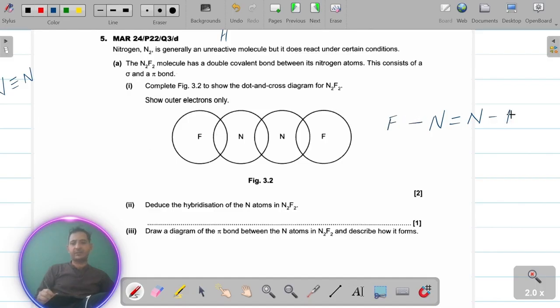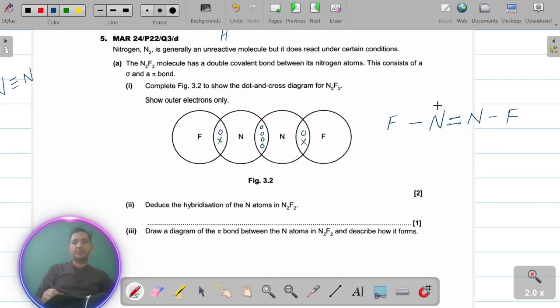Now we need to draw the structure. If there is a double bond, there are 4 electrons, 1, 2, 3, and 4. I'm drawing 1, 2, 3, and 4. Then a single bond between nitrogen and fluorine: the dot is the electron of nitrogen and the cross is the electron of fluorine. Same thing here.